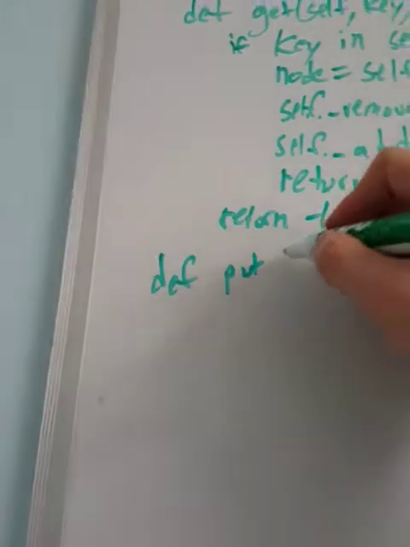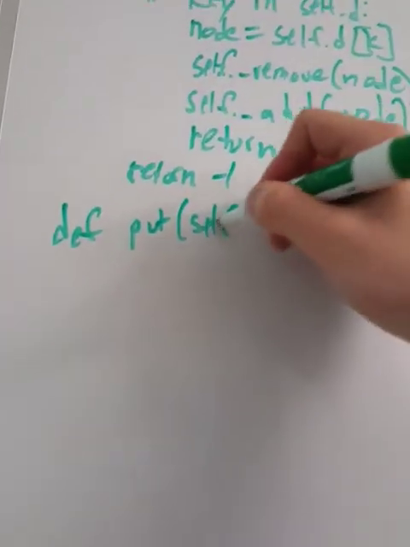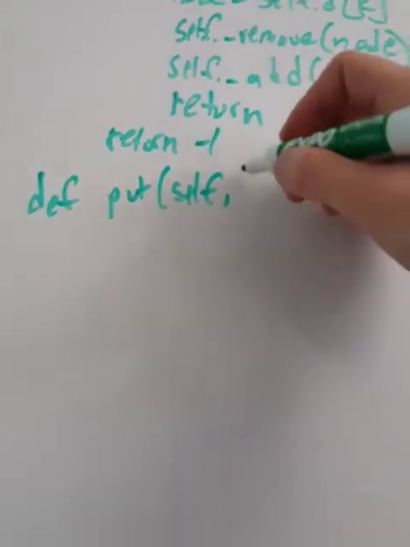So the last function that we're defining is our put function. Put self. And so we're putting a node inside our LRU cache, right? And our node we defined before to have both a key and a value.